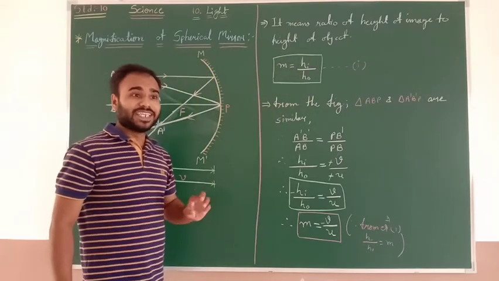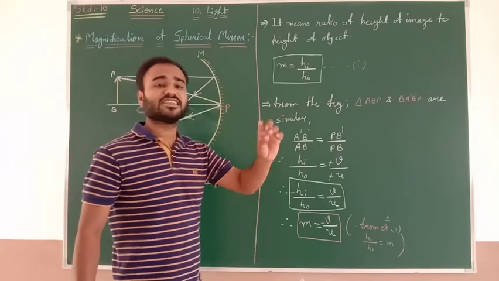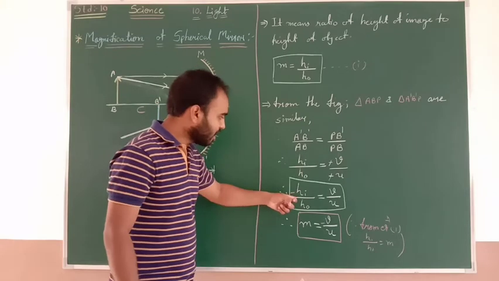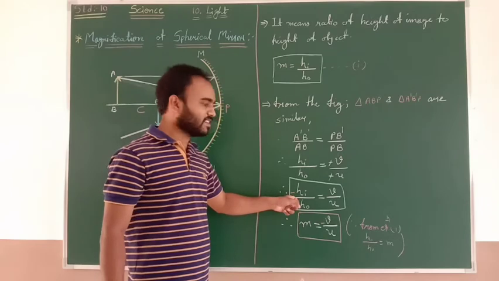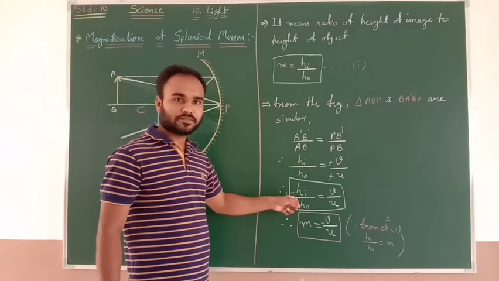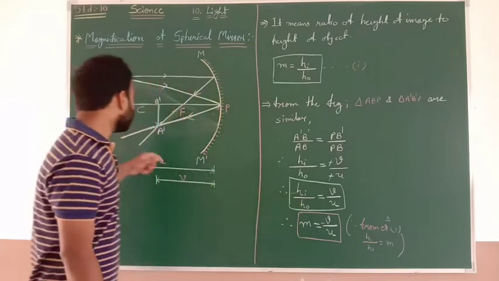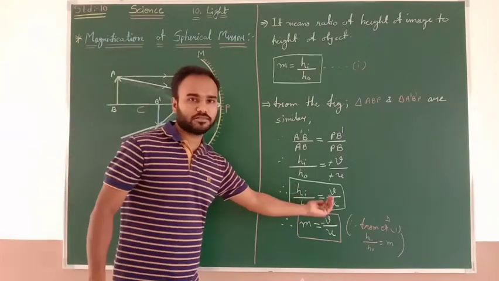But if image distance, object distance and object height are given, and we need to find the image height, then we have the formula HI upon HO is equal to V by U, where the minus sign will be kept. Or if we are not mentioning the minus sign, then also it will be okay, because as we take the values, the sign will automatically come in it.